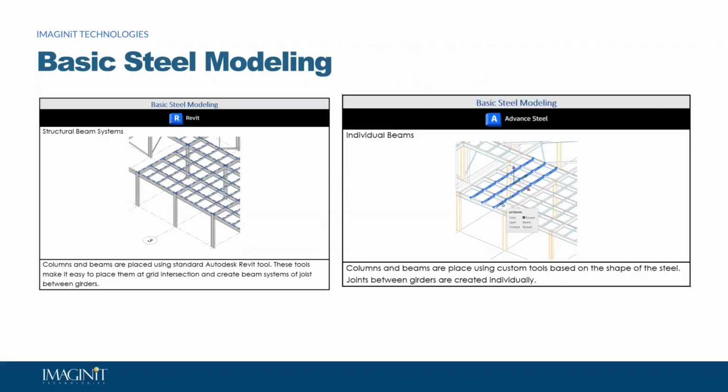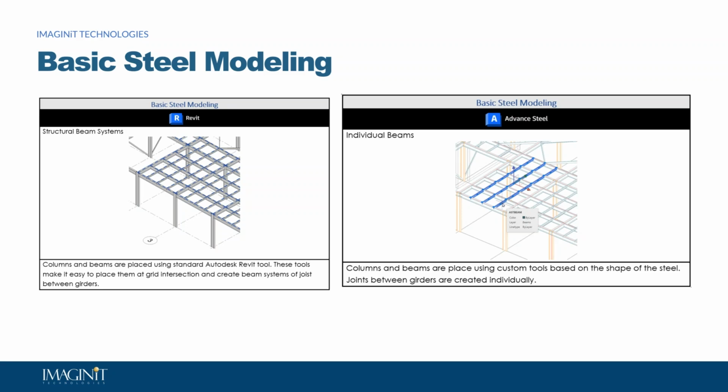So when I'm making framing inside of Revit, basically I can place columns and beams very quickly by windowing all the grids and just place them very quick. Then they have something in Revit called beam systems. So therefore I can put beams between the girders very quickly to lay them out.